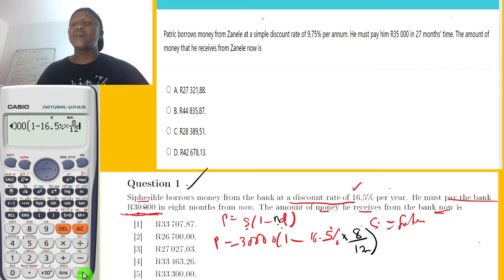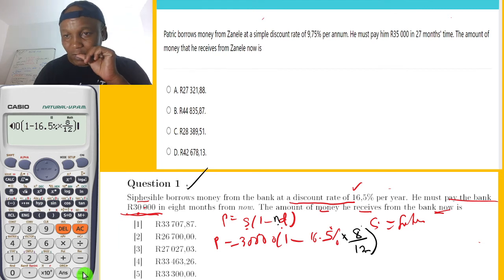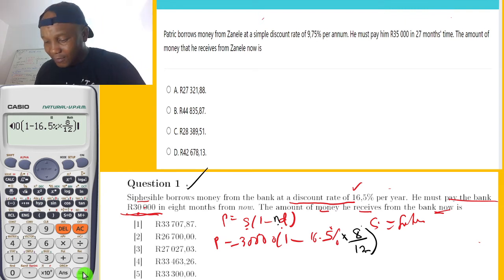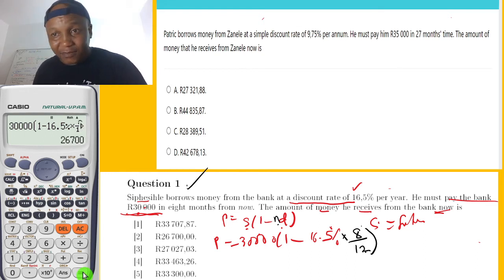Okay, equal. When you say equal, it's going to give us the answer. Let's just plug it here in my manual calculator. You guys know how to plug it into the calculator, because I can simply plug it for the bracket.